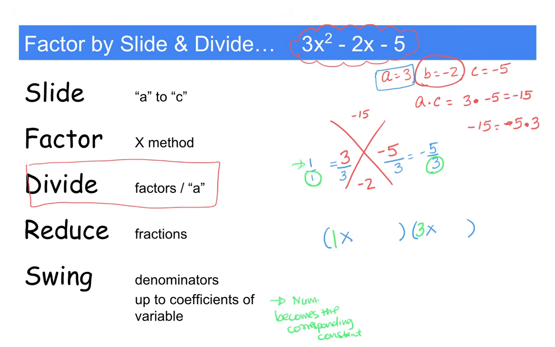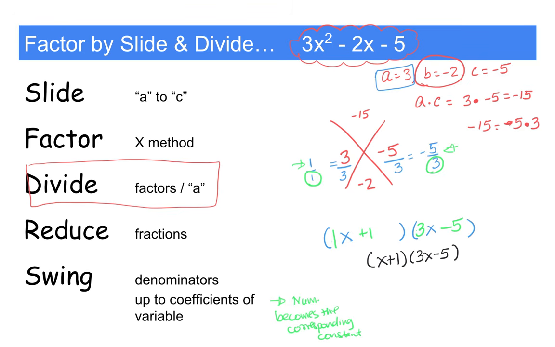So it's going to be 1x plus 1. And the numerator when the denominator was 3 is negative 5. So it's going to be 3x minus 5. So my nicely written up factors are actually x plus 1 and 3x minus 5. Those are my factors of this trinomial.